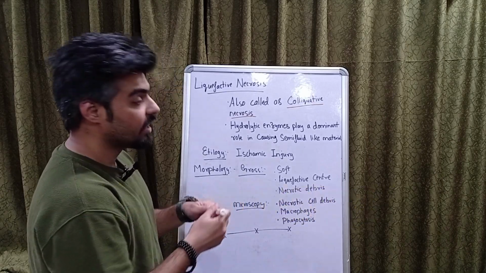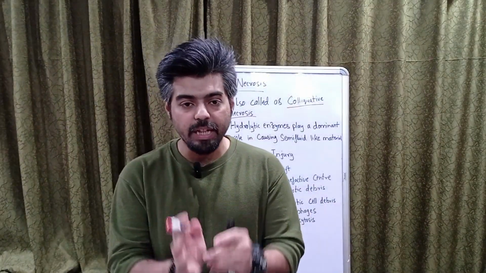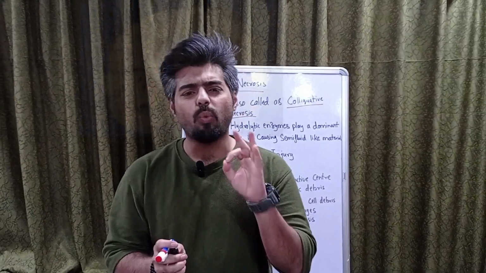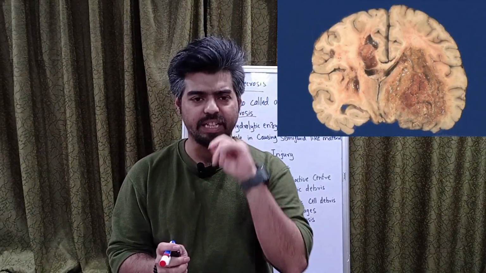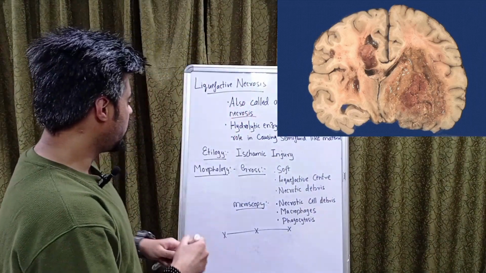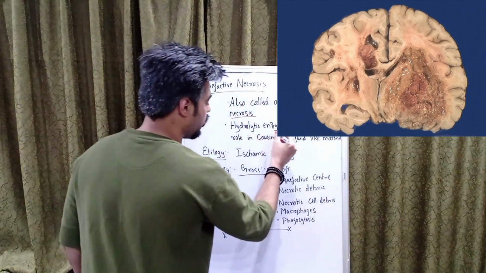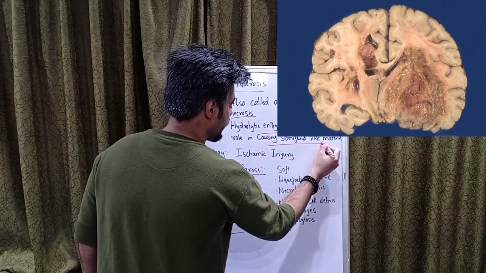What happens in it? The hydrolytic enzymes that are liberated from the dead cells play the vital role in creating a semi-fluid material. So the hydrolytic enzymes play a dominant role in causing a semi-fluid like material.